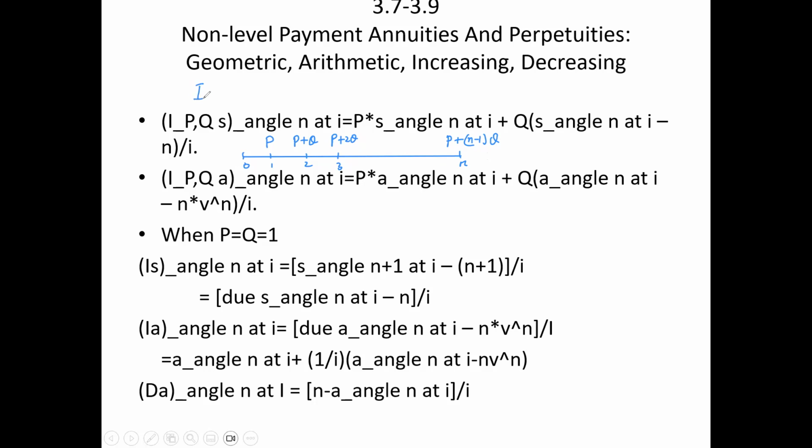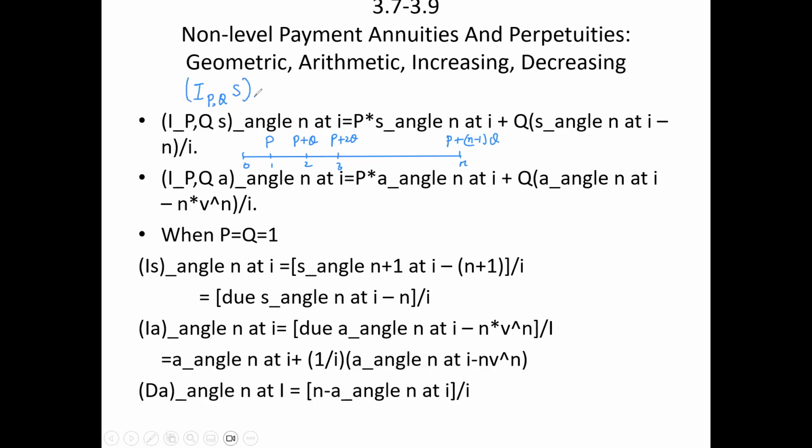Okay, I means increasing. P is the original payment, consistent throughout the time, and Q is the increasing amount. And S is the accumulated value, that's the future value.